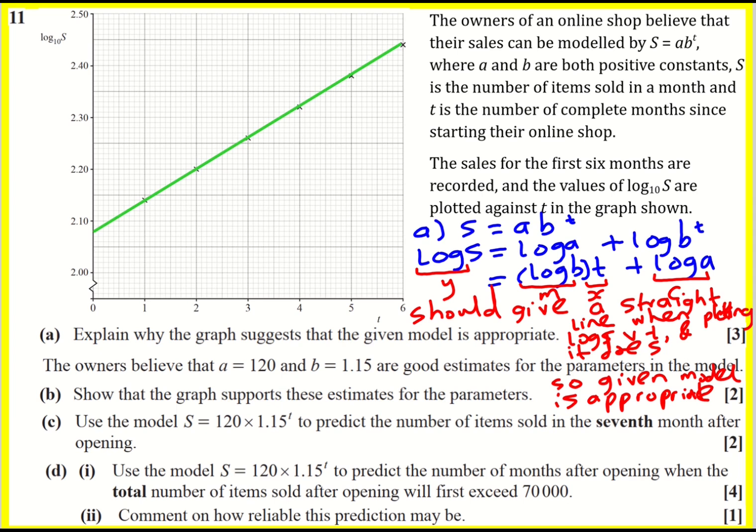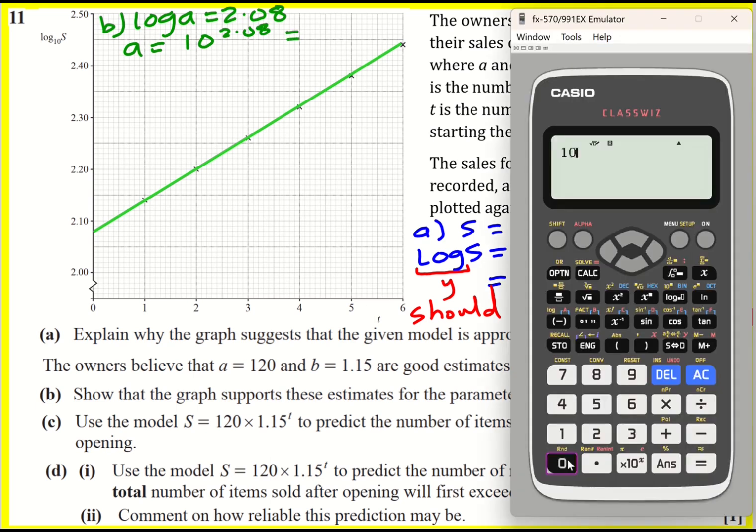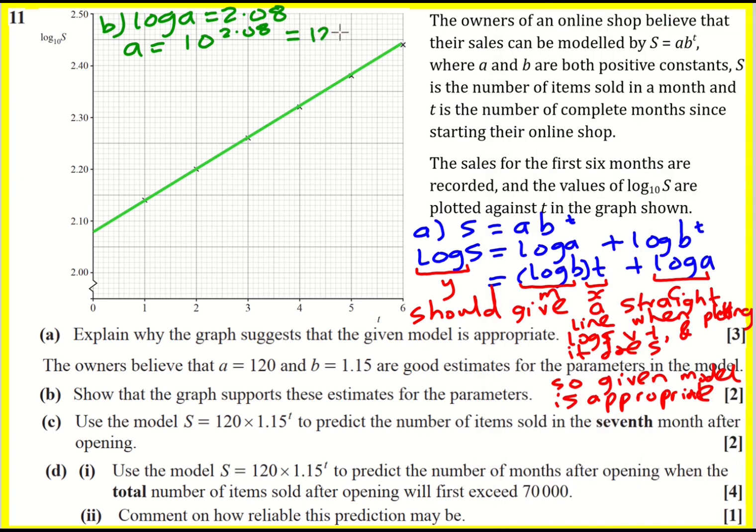There'll be a range of values accepted here, but I can see from my graph that we've got 2.08 as the y-intercept. That's actually going to be log A. So to get back to A, I do 10 to the power of 2.08, which gets me 120.226, which is basically 120.